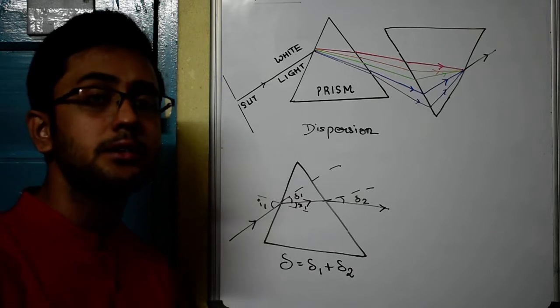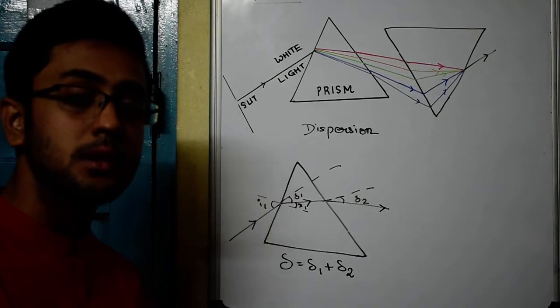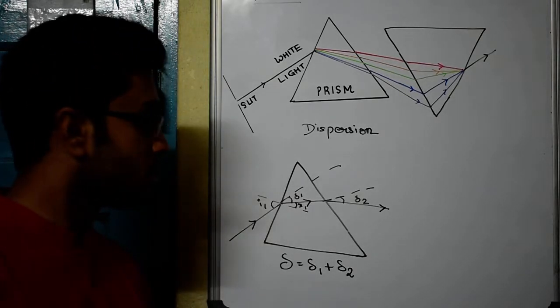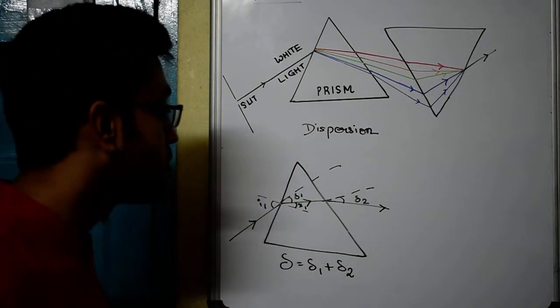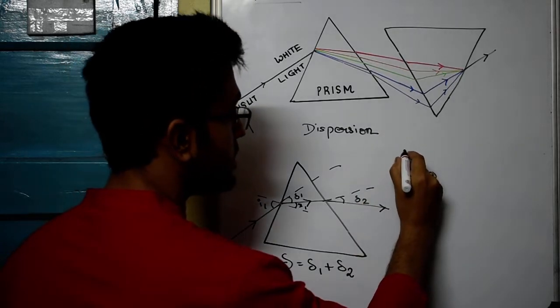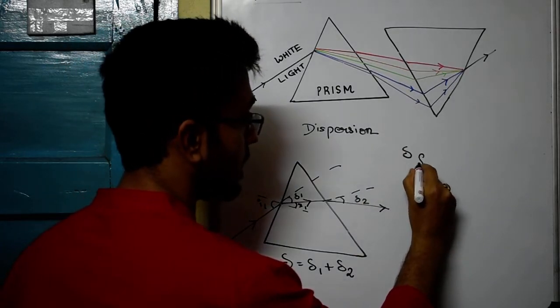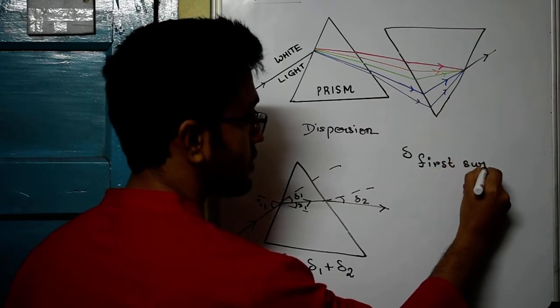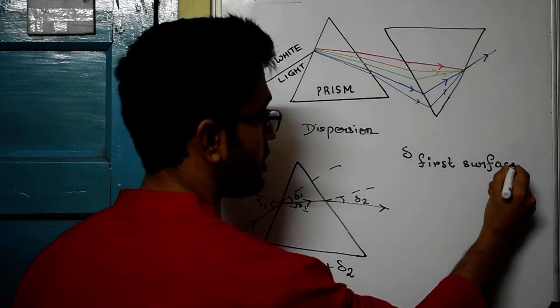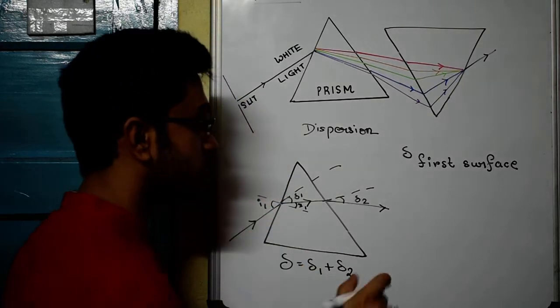Now on what factors does this deviation depend? The angle of deviation that the light suffers at the first surface of the prism, remember, delta 1, depends on 2 factors.